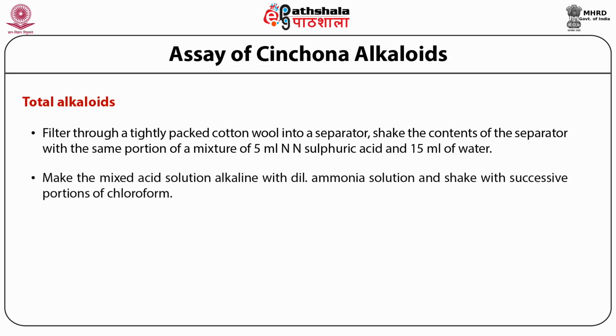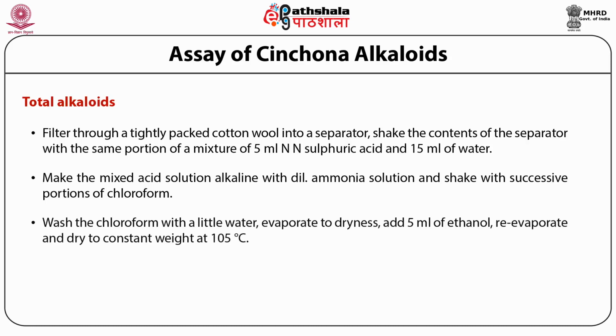The mixed acid solution is pooled and made alkaline with dilute ammonium solution and shaken with successive portions of chloroform. Wash the chloroform with a little water, evaporate to dryness, add 5 ml ethanol towards the end and re-evaporate. Dry the contents to a constant weight at 105 degrees Celsius.